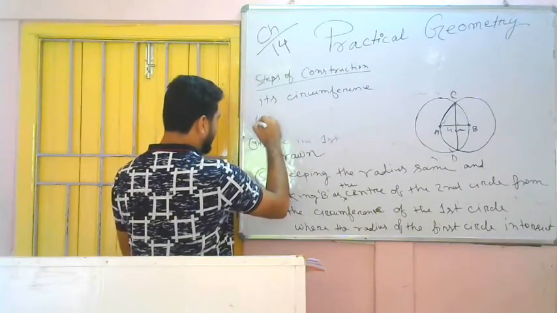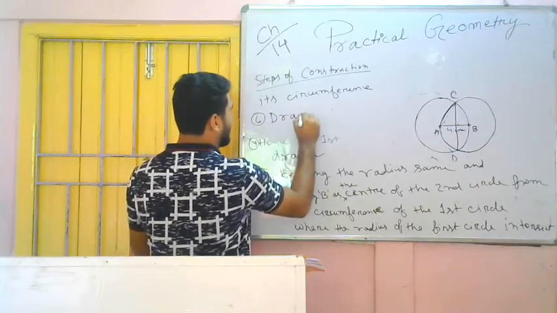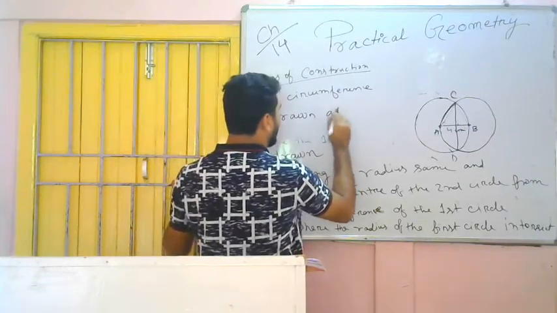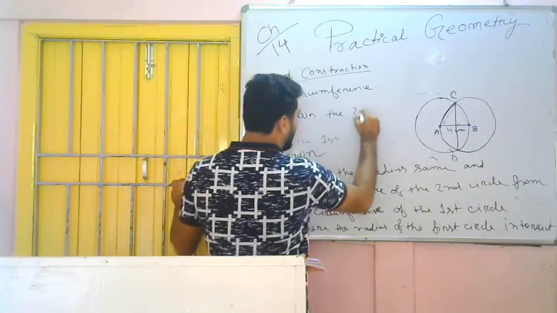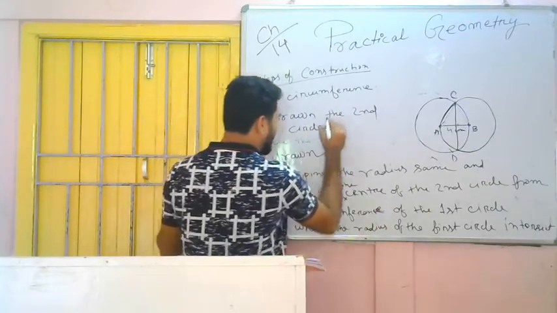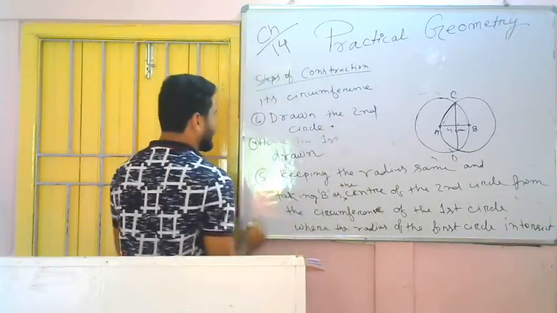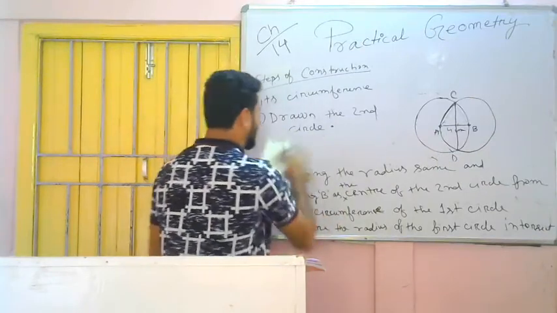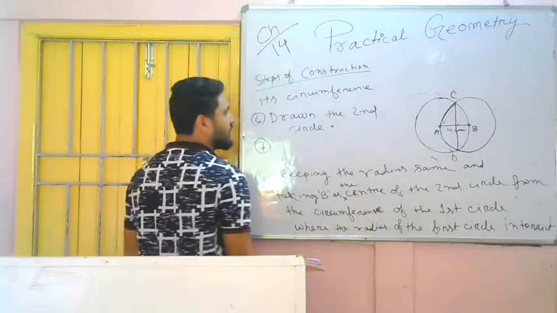Right, number 6 step: draw the second circle. Number 7: we have already drawn the two circles with the same radius.